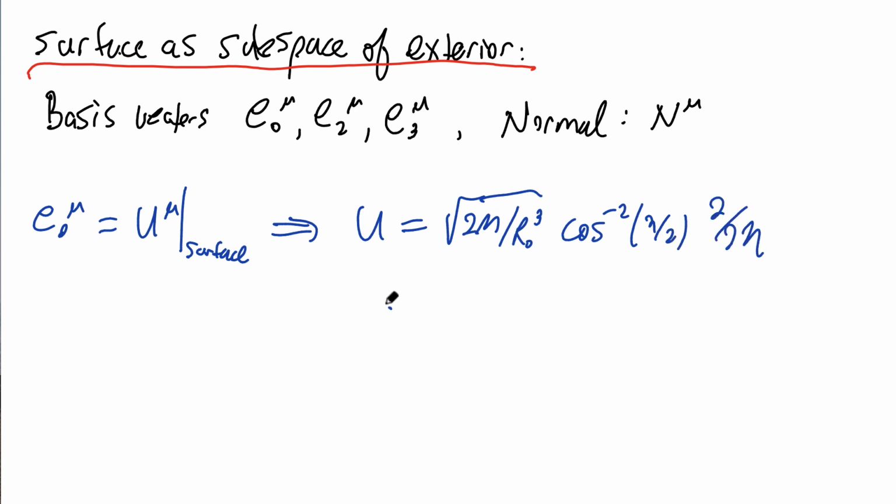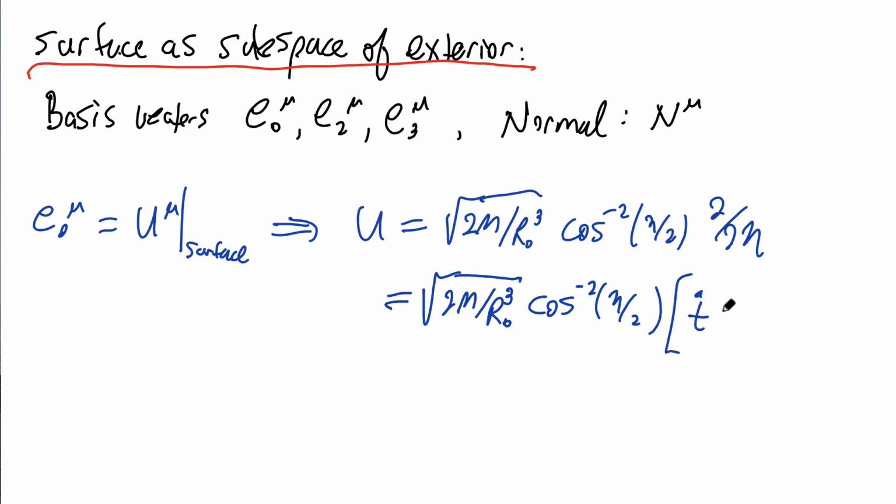And we can use this to find the components of u in the coordinates used in the exterior in the following way. This is square root of 2m over r naught cubed times cosine to the minus 2 power of eta over 2 times t dot d by dt plus r dot d by dr. And the dot here refers to differentiation with respect to eta.